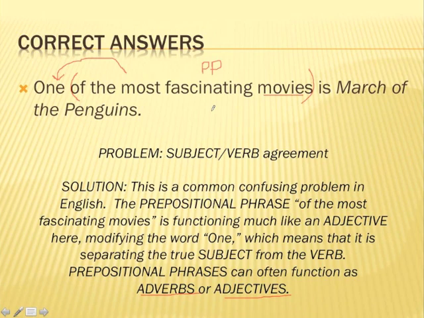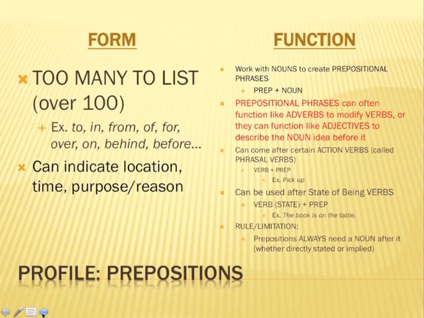So oftentimes you will find them next to a noun, for example, or after a verb. In fact, we can see prepositional phrases in many places in a sentence. As we said earlier, they can function like adverbs. They can also function like adjectives. We haven't talked a lot about that idea, but that is something you will recognize. That's one of the reasons why you find so many prepositions in a sentence, is because they're often modifying things.